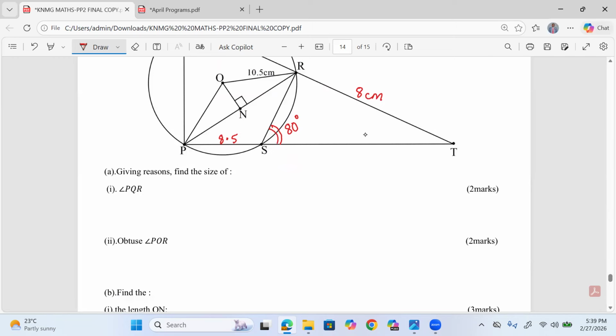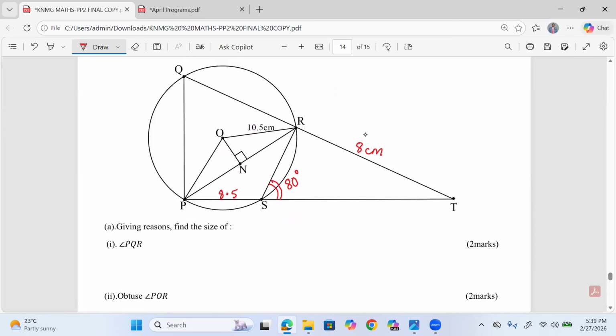Now, giving reasons, find the size of the angle PQR, the angle at that point. We are going to solve that one together, and it is my hope that you guys shall understand.